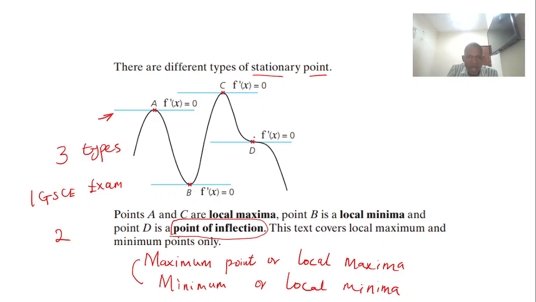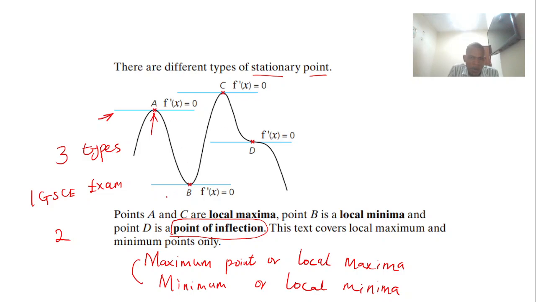Now if you observe clearly, this point A over here is a maximum point because the gradient is decreasing, and it is also above.